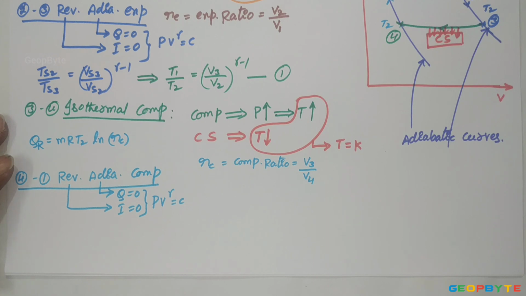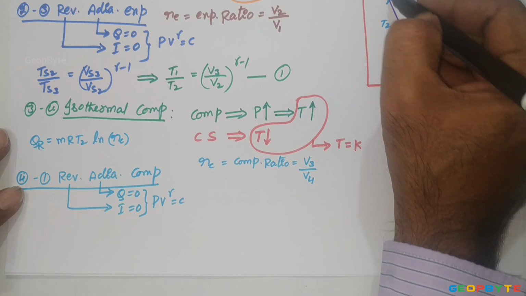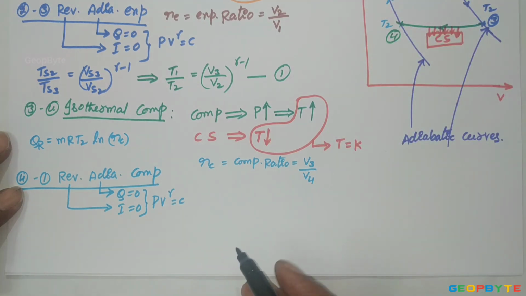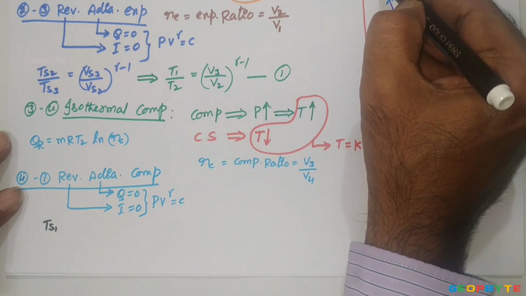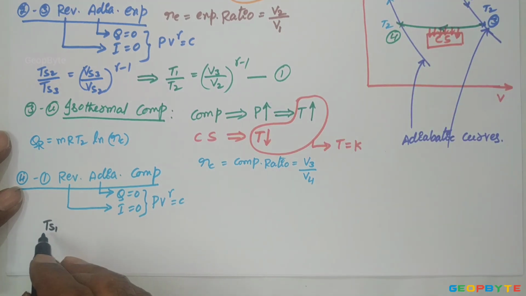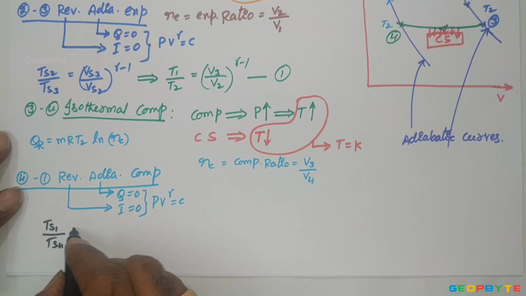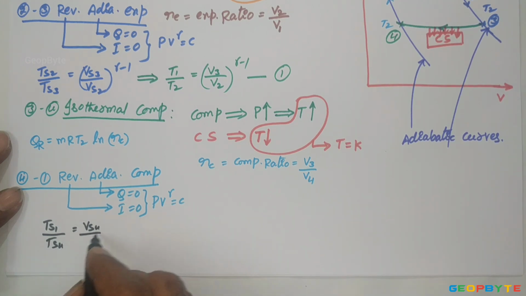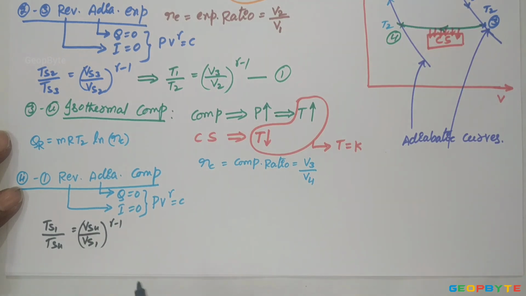Then the relation between temperature and volume during the 4 to 1, that is reversible adiabatic compression, is: temperature after compression, temperature at state 1, because temperature after compression is more than before compression. That's why it should be written higher temperature by lower temperature. Temperature at state 1 by temperature at state 4 equals volume at state 4 by volume at state 1, power gamma minus 1.